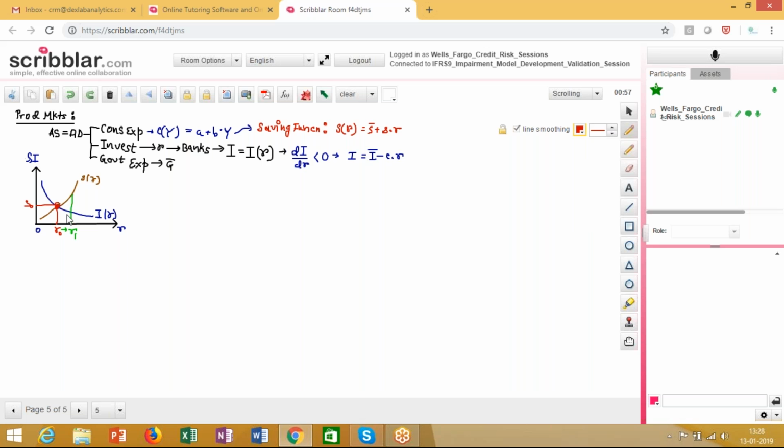Now, in this case, over here, this is a case where you have an excess supply. So more and more people will start buying this.